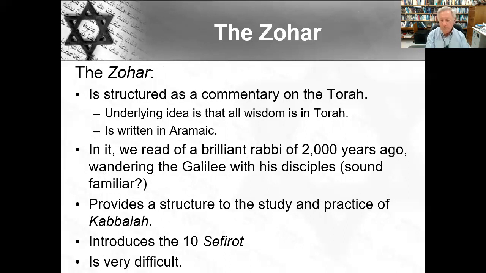As you get into some of the mystical teachings, you will hear the idea that God created the Torah before God created the universe. So the text will read that just as an architect needs a set of plans to build a building, God needed a set of plans to create the universe, and the set of plans was the Torah.